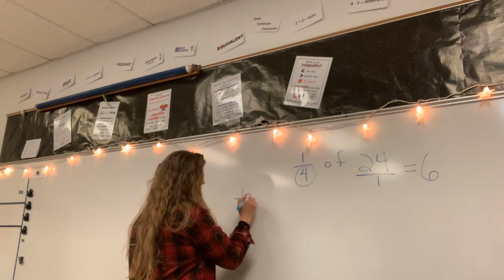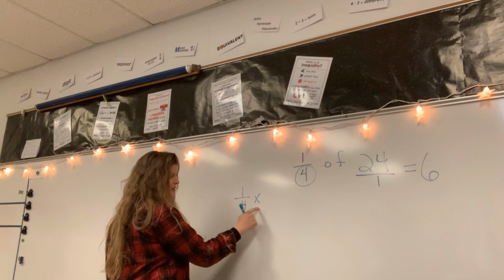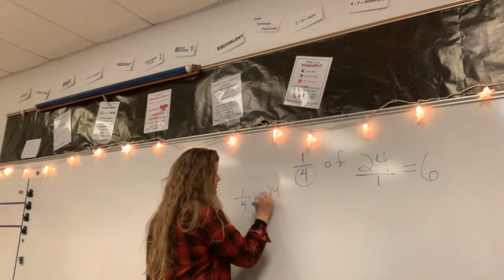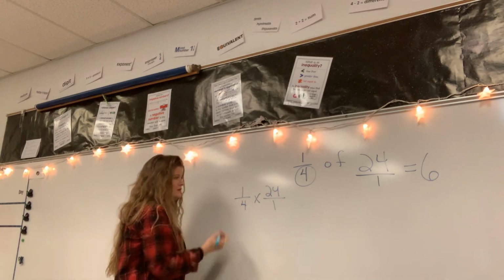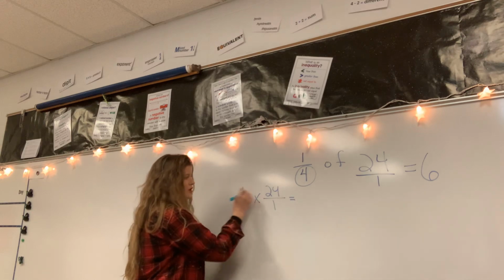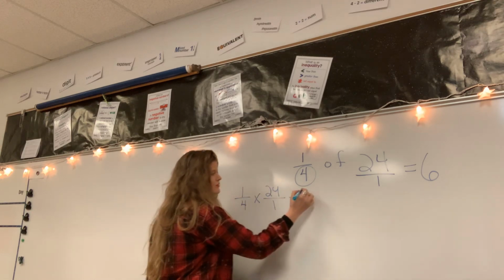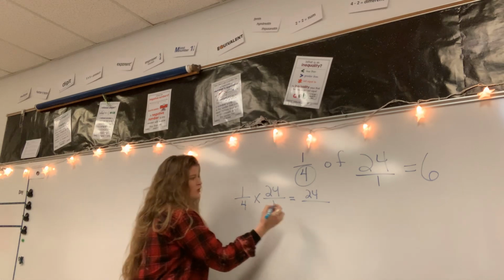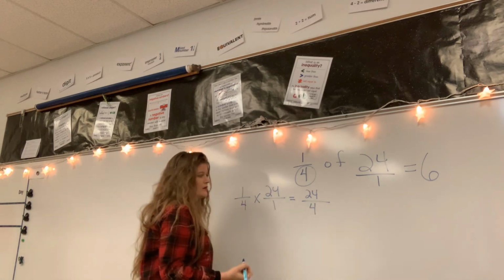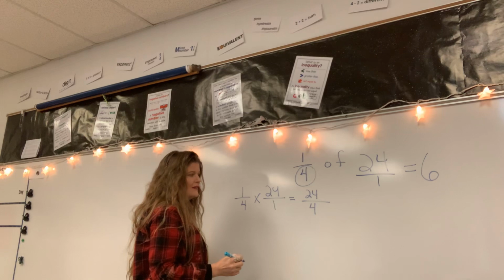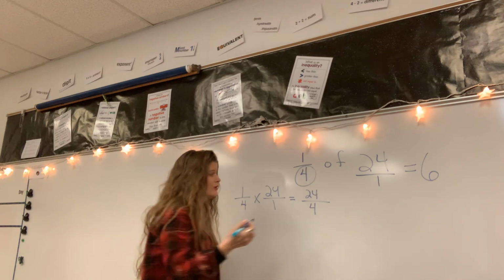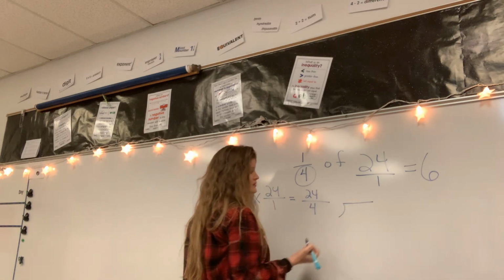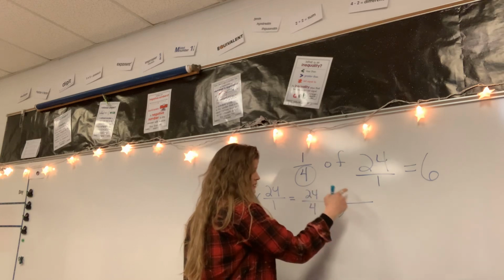1/4 of means multiply. 24 is just 24 over 1. I multiply straight across, remember. 1 times 24 is 24. 4 times 1 is 4. Improper fraction here. I can't leave it like that. That would be improper. So I have to divide that out, okay?